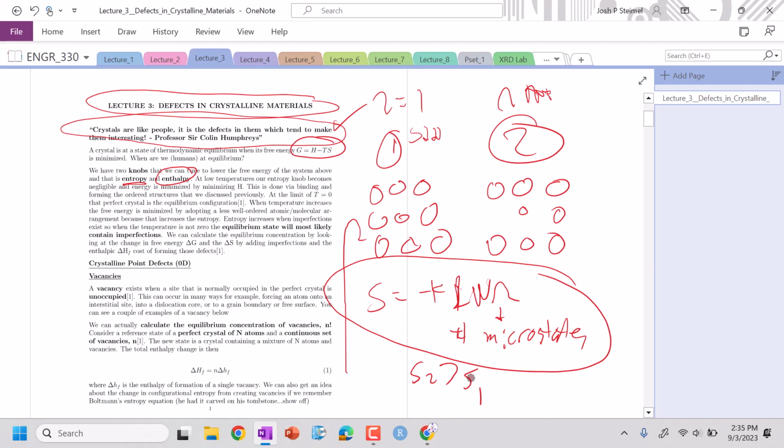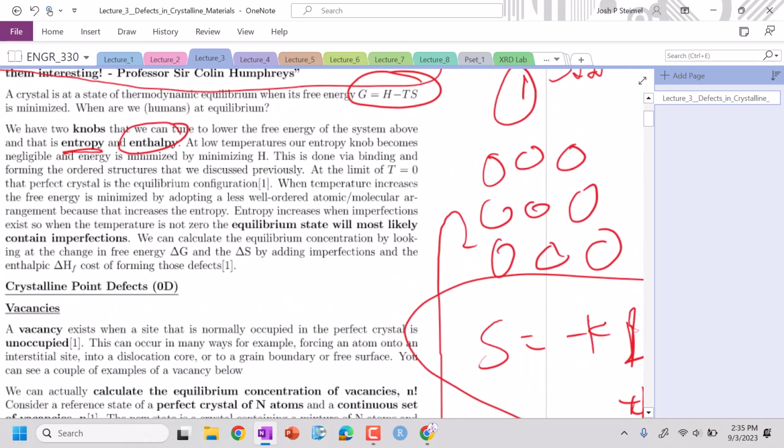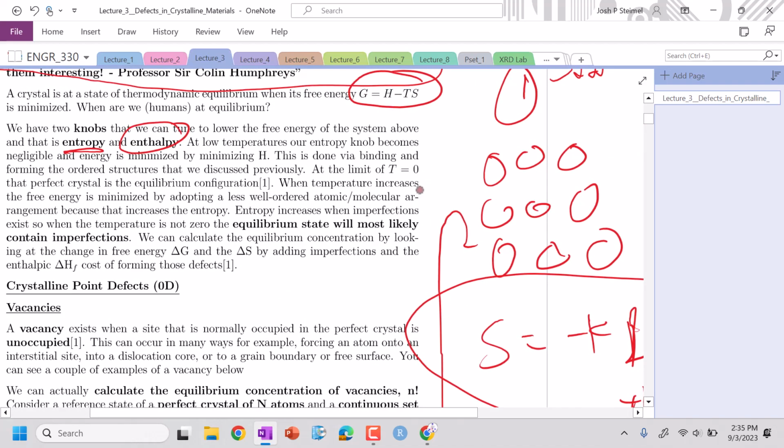So the cool part about this is that once we have any system that's at non-zero temperature, and even at temperature of 0, the equilibrium state will most likely have imperfections. So you have an energy argument for why systems will actually, at equilibrium, contain a certain concentration of defects.